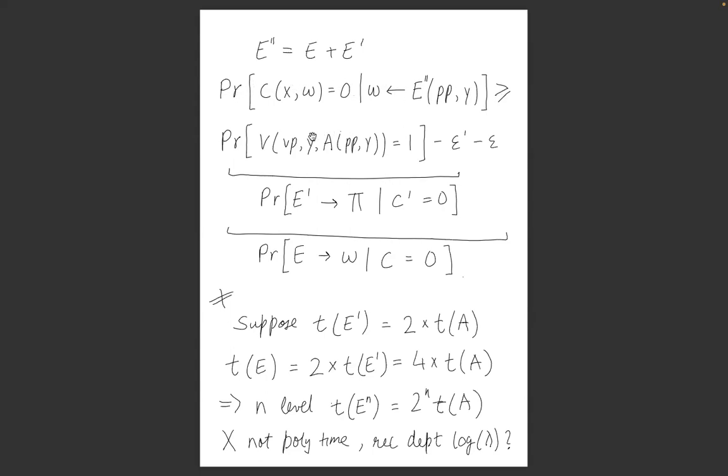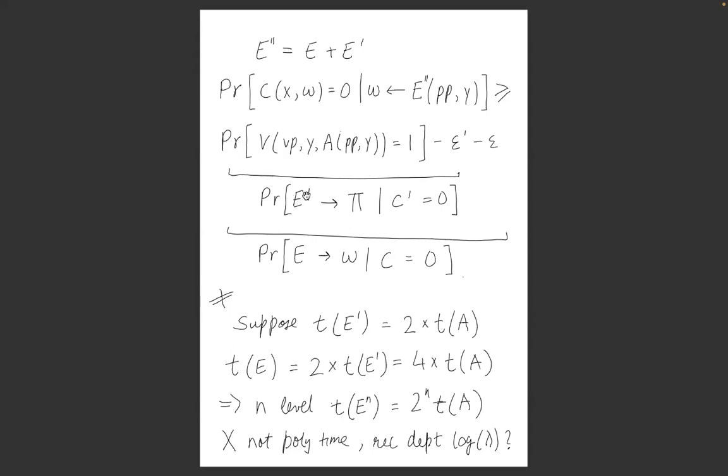And this probability should always be greater than the probability that the malicious prover can convince the verifier that the proof is valid, minus some probabilities, which are E prime and E. We can see this equation hold because the probability that the malicious prover can convince the verifier, minus epsilon prime, is just the probability of the extractor.